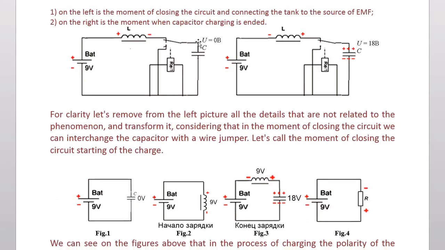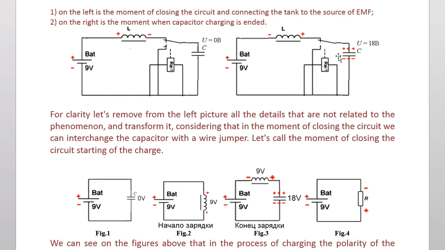So you can see the battery having such polarity, 0 volts on the capacitor, and when this switch closes, some voltage with this polarity appears on the inductor.